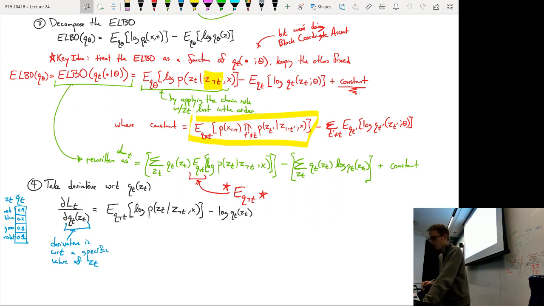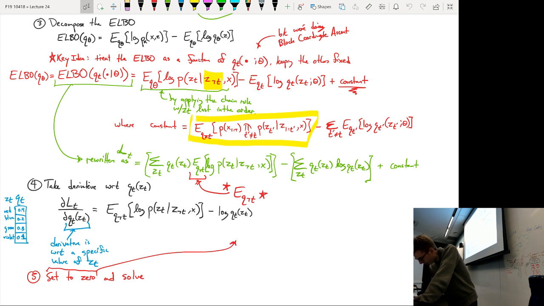Okay, so now the next step is set to 0 and solve. So here let's set this thing to 0. Okay, and now solve for QTZT. And what do we get back?